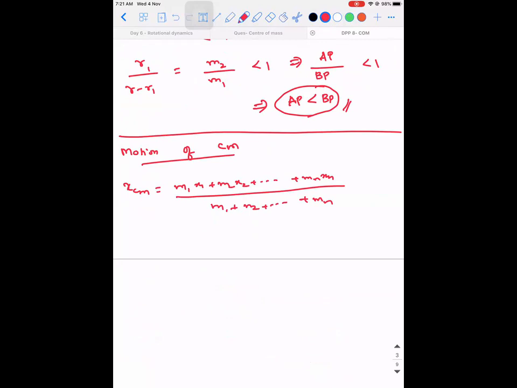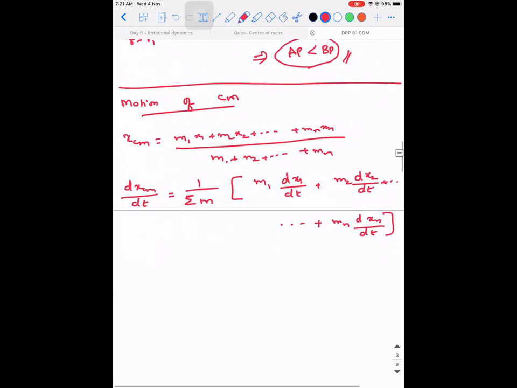Then if I differentiate this with respect to time, I will get 1 by sigma m into m1 into derivative of x1 with respect to time plus m2 into derivative of x2 with respect to time plus so on plus mn into derivative of xn with respect to time. So dxcm by dt gives us what?